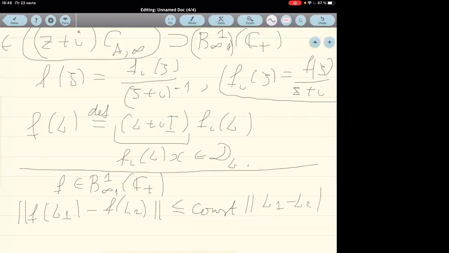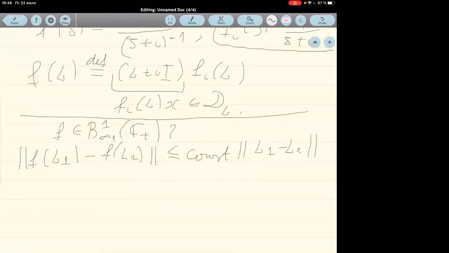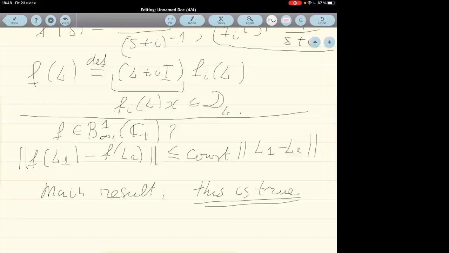So is it operator Lipschitz in this sense, is this true or not? And the main result of our work is that this is true. However, the proof is considerably more complicated than in the case of self-adjoint operators, in the case of unitary operators, in the case of contractions.